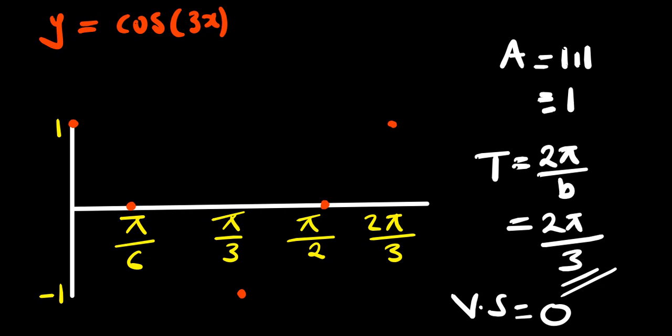So how is our graph going to look like? Going to come like that. Okay, so this is a graph of y is equals to cos 3x.